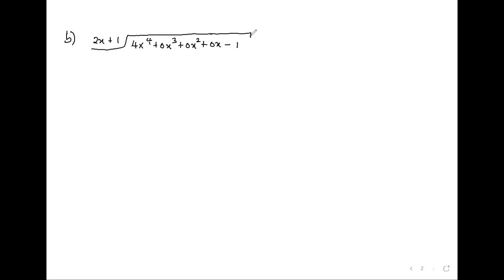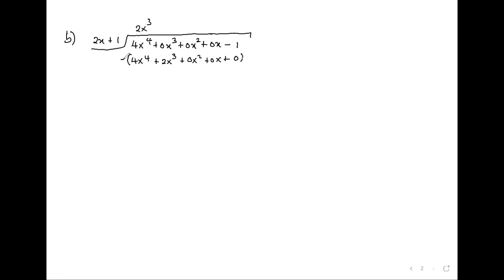Then now I start dividing. 4x4 divided by 2x. Here we get 2x power 3. Then you multiply, we get 4x4 plus 2x3 plus 0x squared plus 0x plus 0.